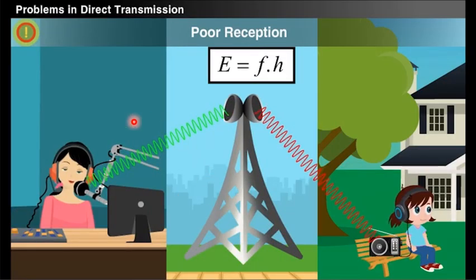The third problem is poor reception. As per the equation representing the energy of the electromagnetic wave, it is clear that the energy of a low frequency signal is very low, and on traveling across a longer distance, they become very weak.